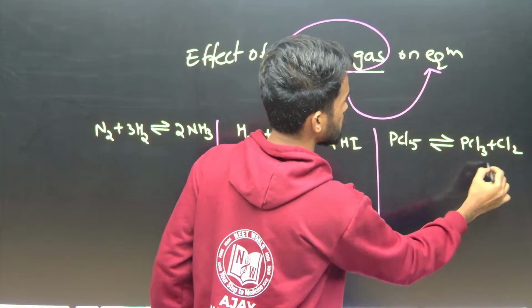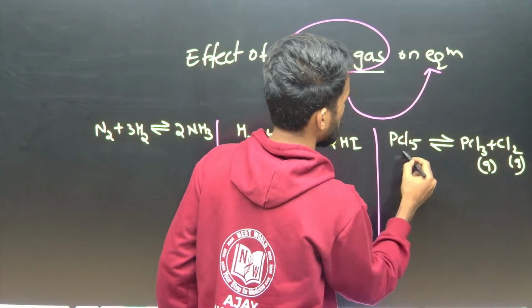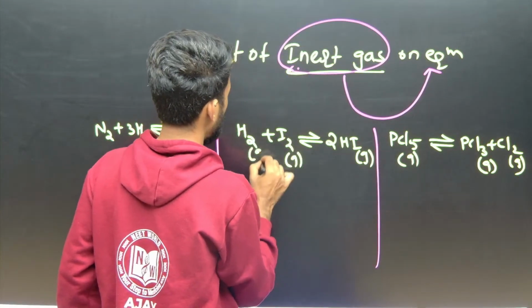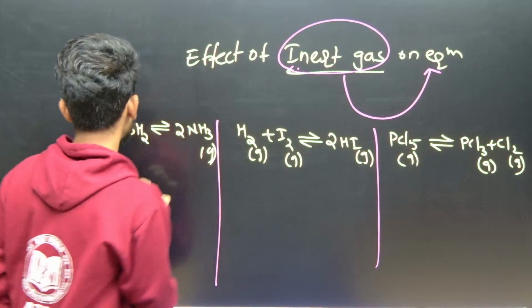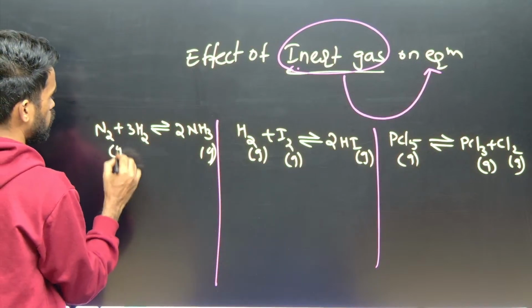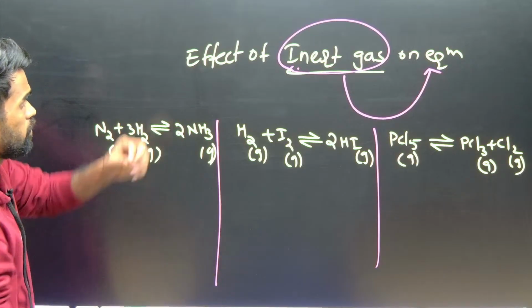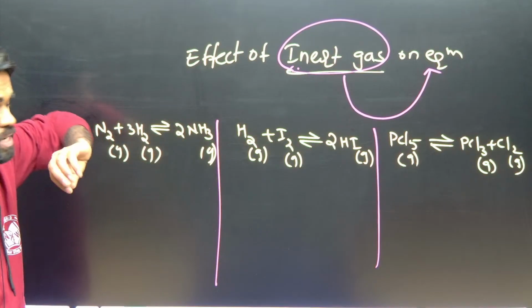Consider all of them as gases only. The effect of volume on solids and liquids is not considered here, only gases, reactants and products. The effect of inert gas will be seen on these gaseous particles only.